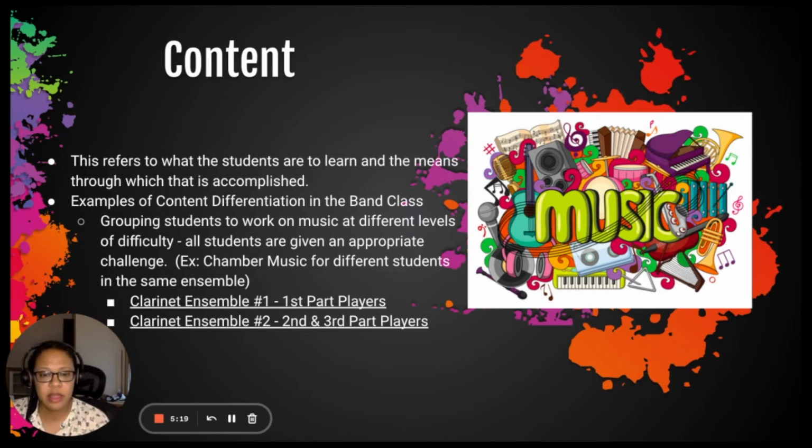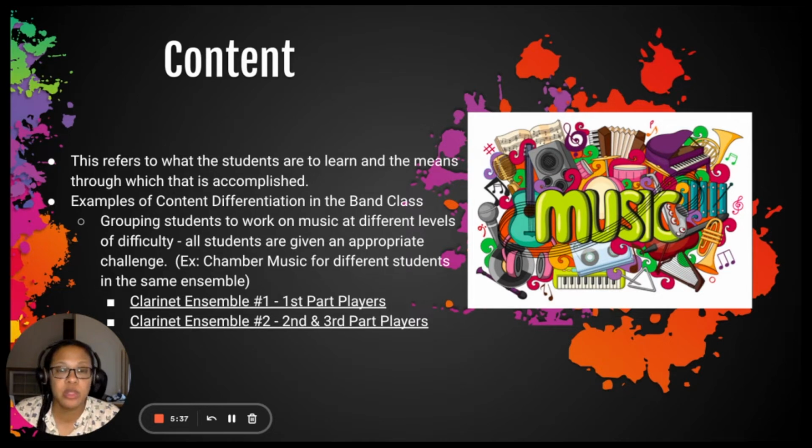One way that I found worked for us was chamber music. That's also an example that Standifer uses in the article that I referenced a good bit in this presentation.